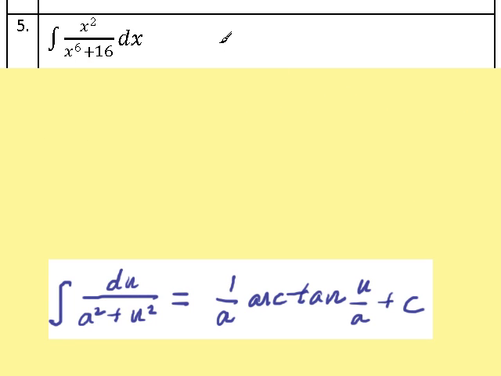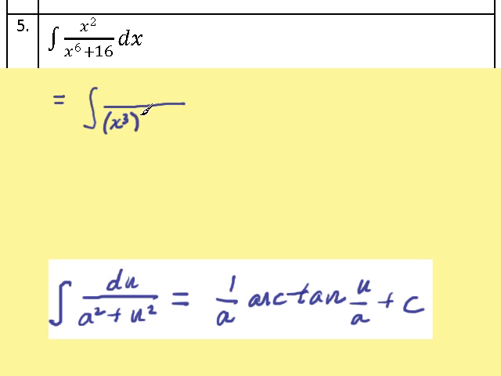Number 5 is also closest to an arctan. All right, let's write this as, in the denominator, something squared, so that would be x cubed squared, instead of x to the 6th.